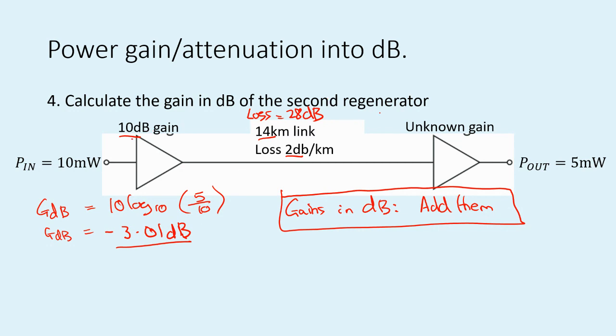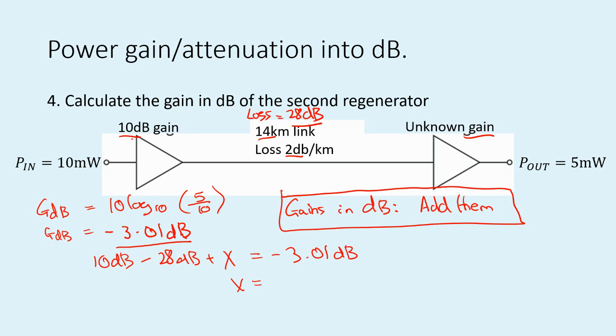So this gain, so this is a positive plus this positive, minus 28 is minus 3.01. So we've got 10 minus 28, because that's the loss in the middle of the cable, plus some unknown, let's just call it x, is equal to minus 3.01.